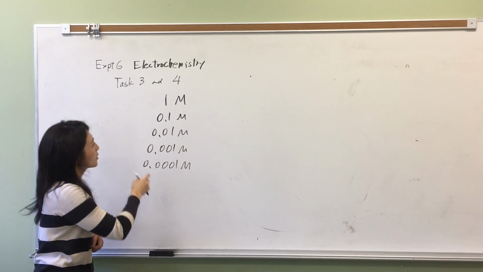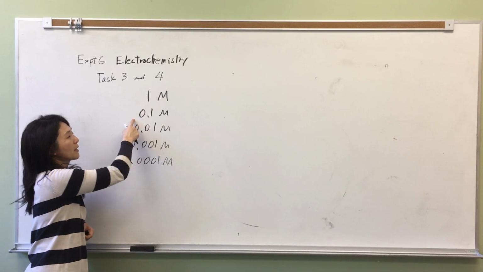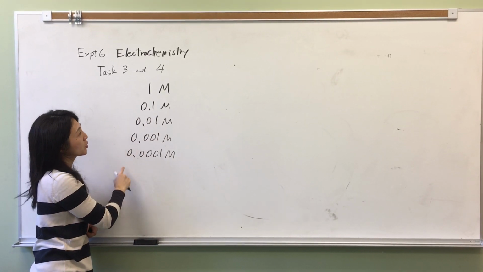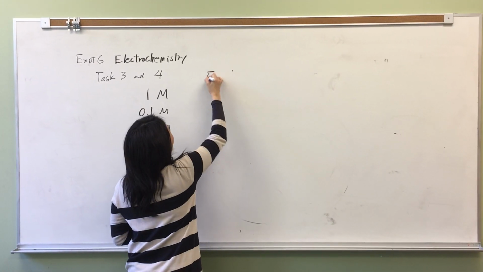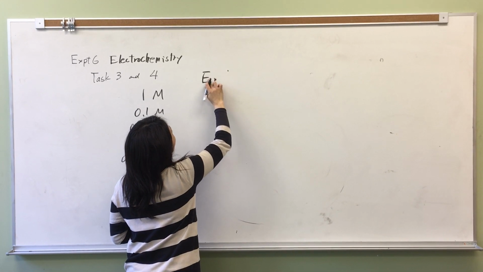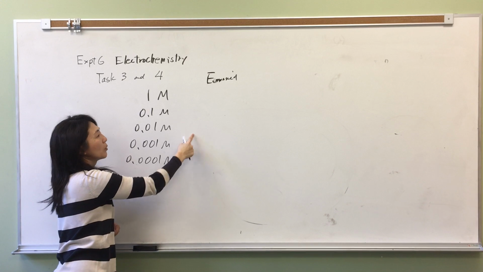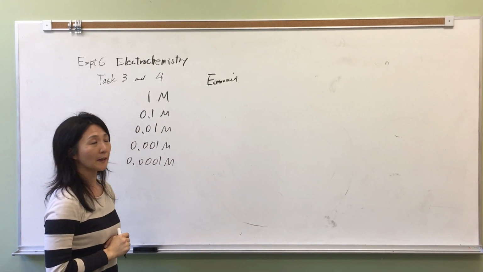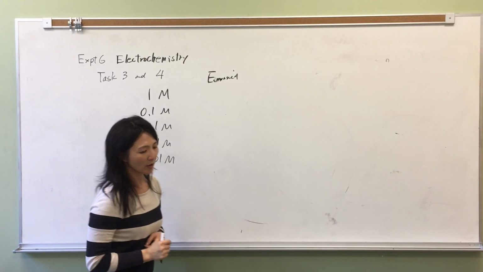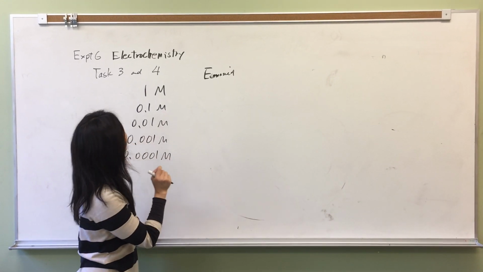Then you measure the cell potential between the 1 molar and the other diluted ones. So you should have the cell potential E measured for the whole combination.